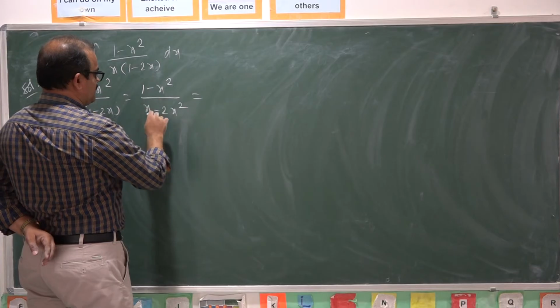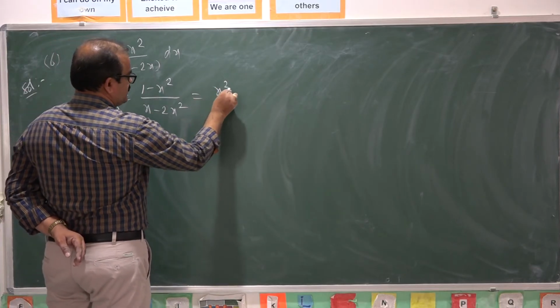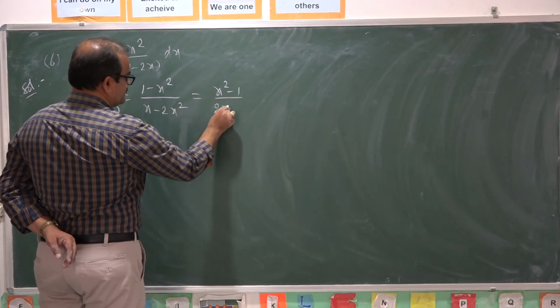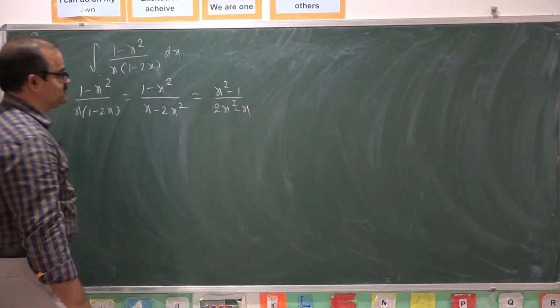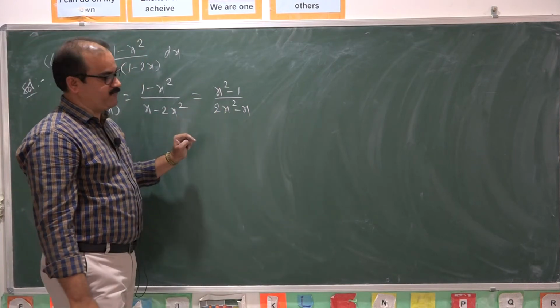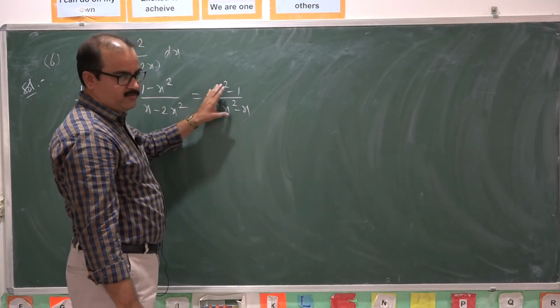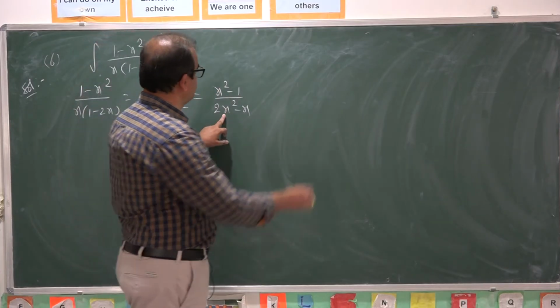Now take minus common from both these, we get x square minus 1 by 2x square minus x. Here degrees are same, so it is improper fraction. First by ordinary division we convert it into proper fraction.